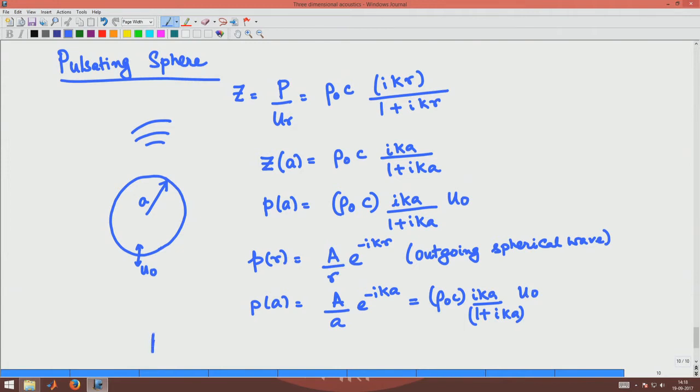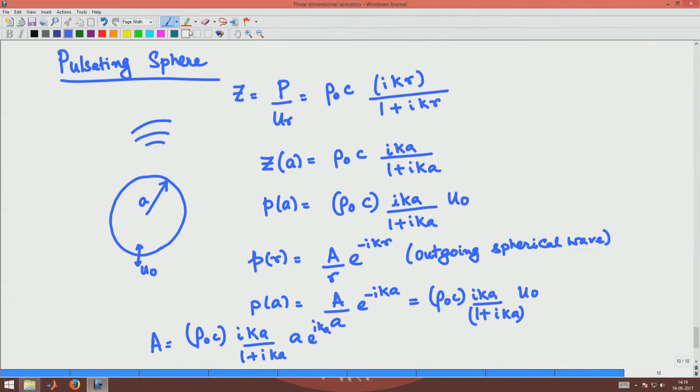So, this undetermined constant can now be determined, and the value of this will be rho 0 c i k a divided by 1 plus i k a into e to the power i k a.